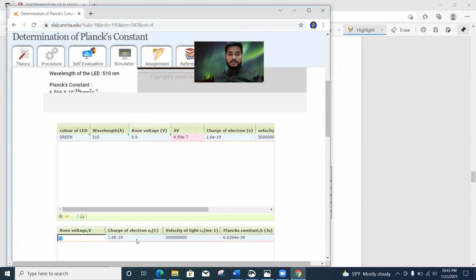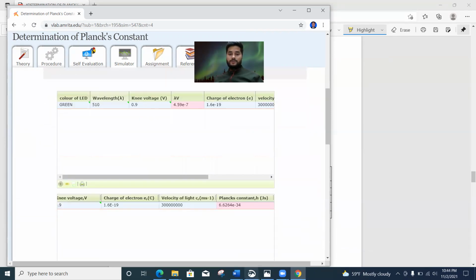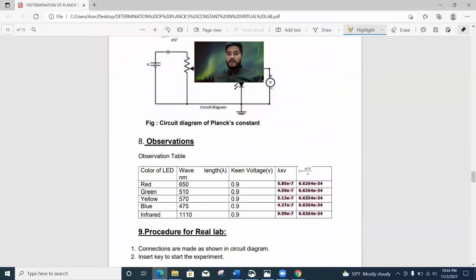This is our knee voltage, and this is the charge of the electron and the velocity of light. Finally we get 6.626 into 10 to the power minus 34. In this way, we can pick up the given data and place it in the observation table, and finally we get the corresponding value.